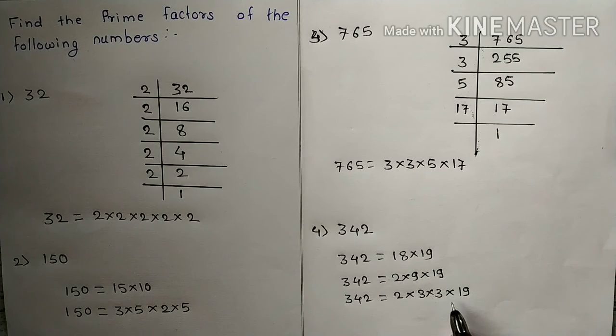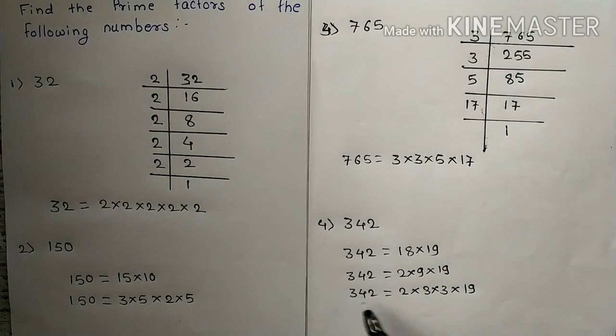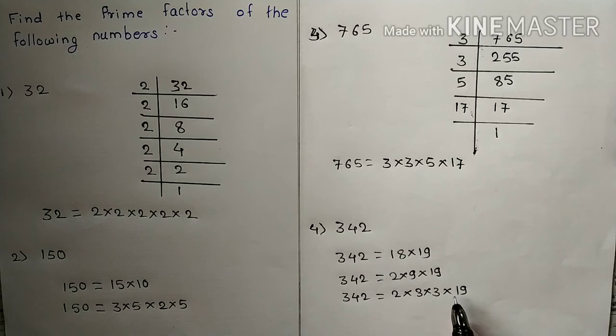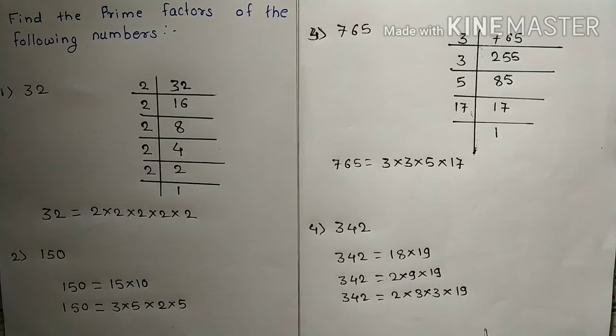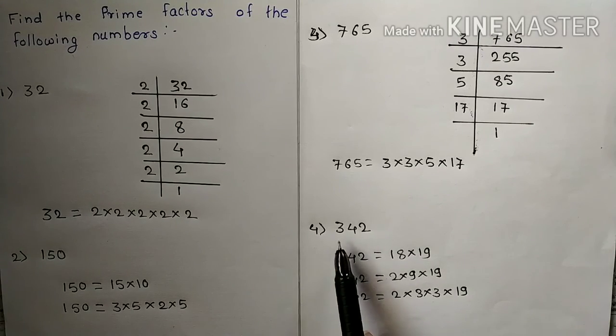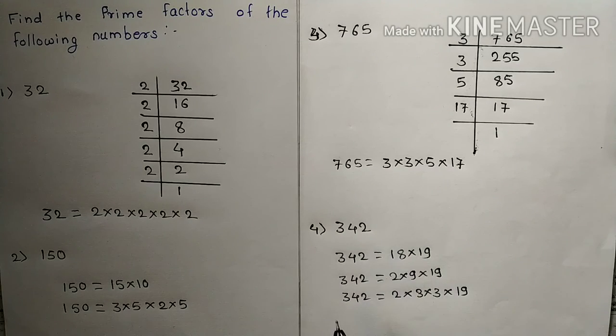So here we can stop. Therefore prime factors of 342 are 2 into 3 into 3 into 19. So by using horizontal arrangement, we can find prime factors of 342 in this way.